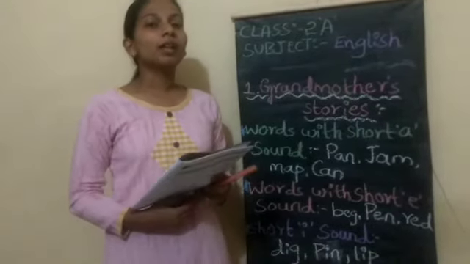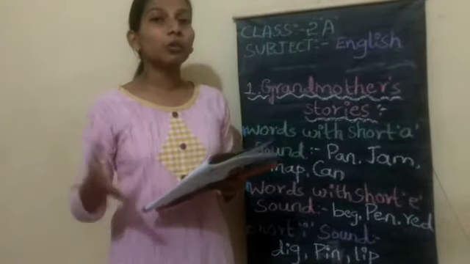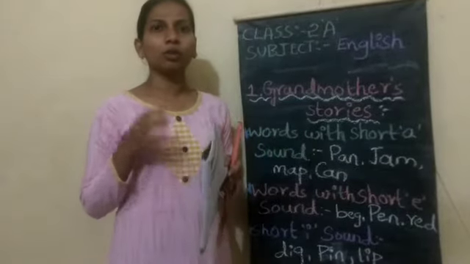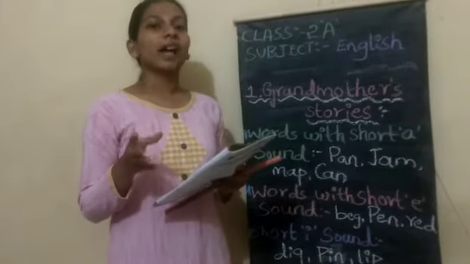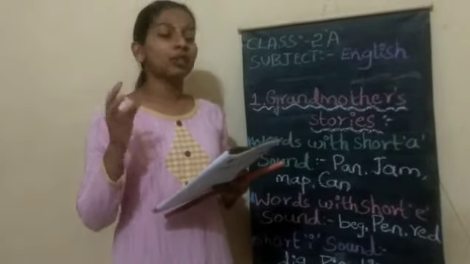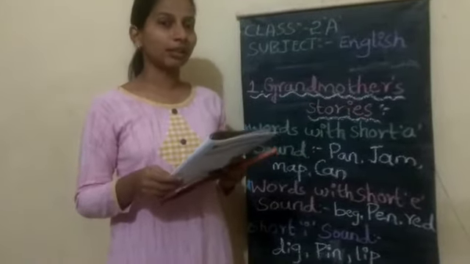Here, the word impatiently means not able to wait. She was eagerly waiting to know about the grandma's story. She wanted to see the grandma's childhood photographs. So, she was waiting for that.